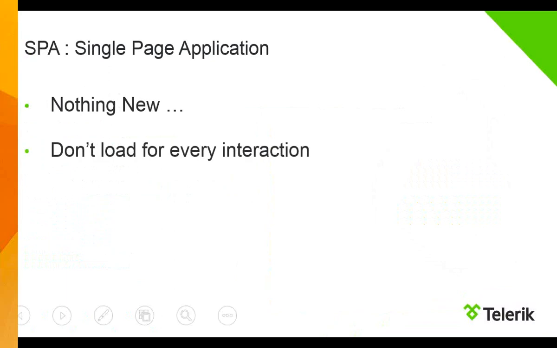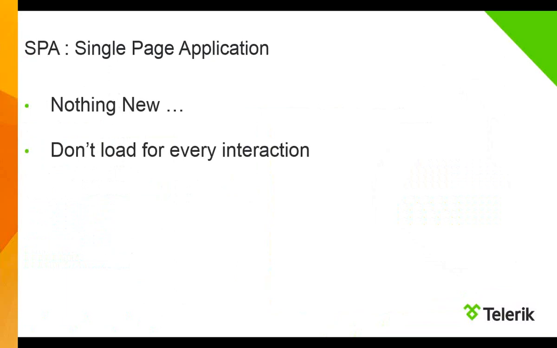Basically, you used to have frames, and you never felt that the whole page was getting refreshed; rather, chunks of data were getting refreshed. You click on the left hand frame, and the right hand frame would show the message. So not for every interaction was the whole page being loaded. The single page application concept is all about not loading for every interaction.